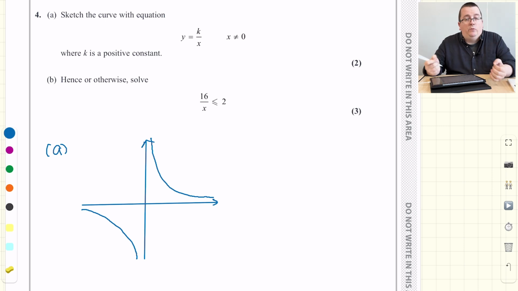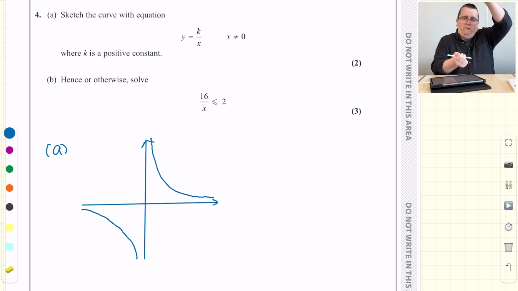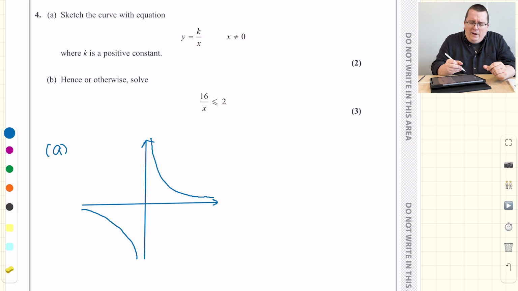Y equals k over x also looks like this. The k just stretches it parallel to the y-axis. You can look at it as a stretch parallel to the x-axis, but because you're multiplying by k, it feels right to be parallel to the y-axis. So it still maintains a horizontal asymptote at y equals 0 and a vertical asymptote at x equals 0.